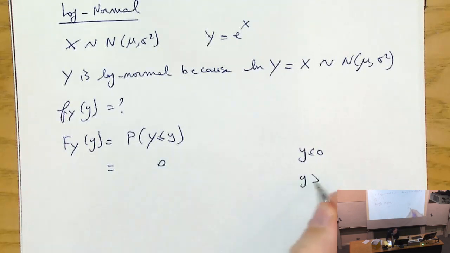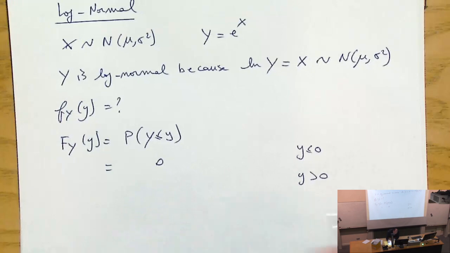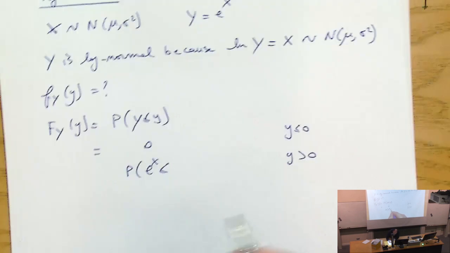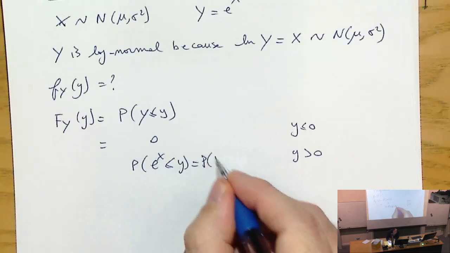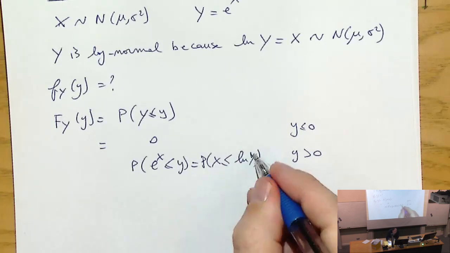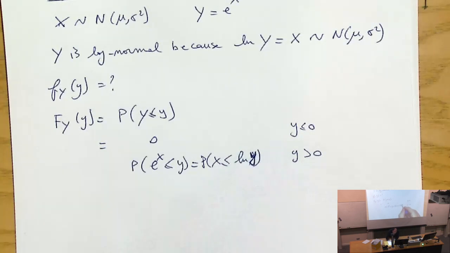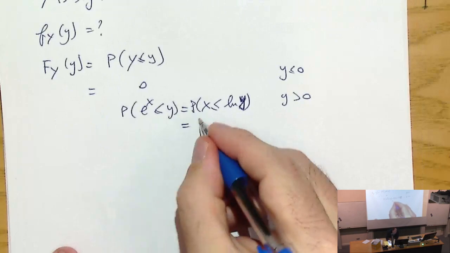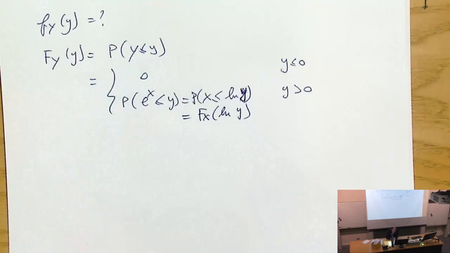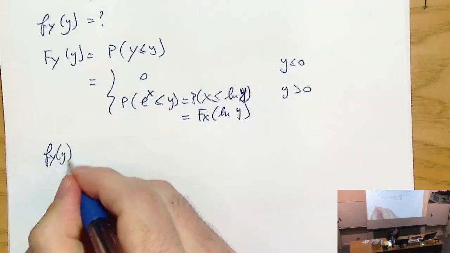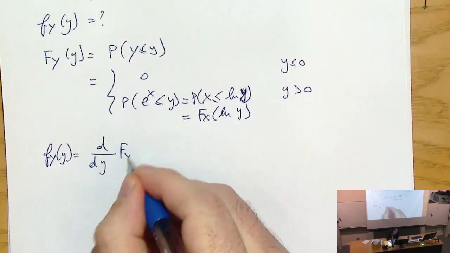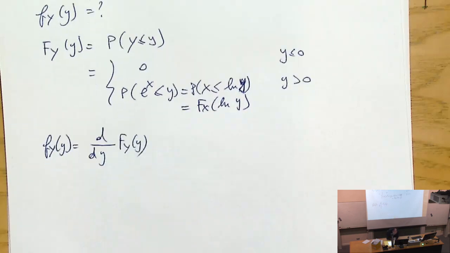If y is positive, what you get is the probability of e to the x being smaller or equal to y, which is the probability of x being smaller than the logarithm of y. And this is the CDF of x evaluated at ln of y. Right, so same as before. How do we get the PDF? We take the derivative with respect to y of the CDF.